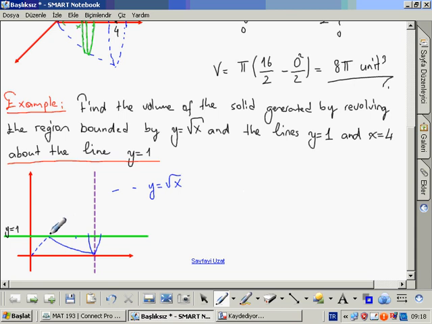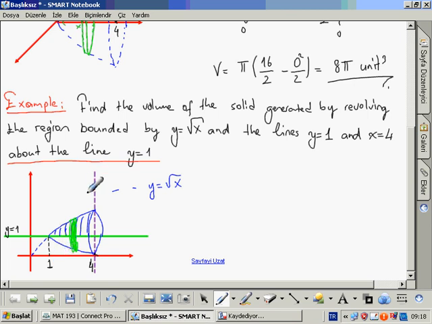Let me sketch it again. This is more realistic than the other drawing. Here is a part, which part is del x part. We know that this is 4. This part is 1 again.